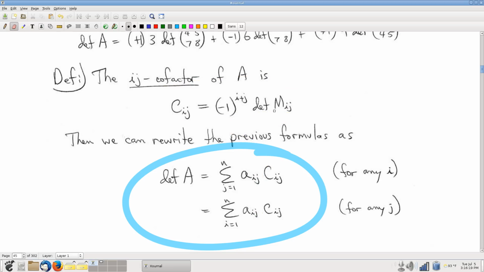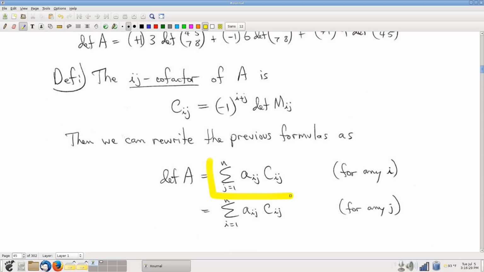Who cares? Why would I do this? Are we really trying to save that much ink? Turns out there's a really good reason to do this. There's something wonderfully special about this formula, and likewise this formula, and we will see that in a later recording.